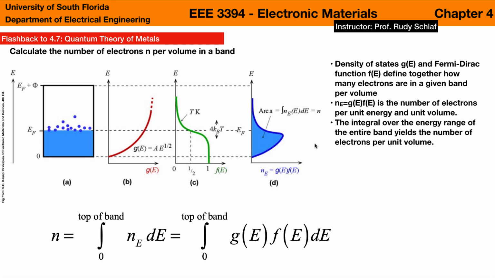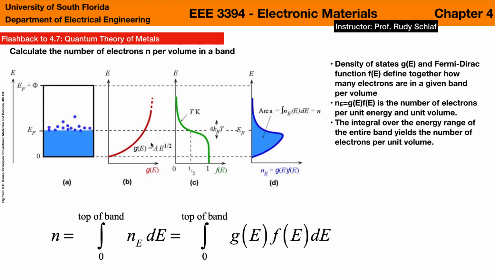I know that at this point you're probably itching to know how to calculate the electron and hole densities. So let's take a flashback to chapter 4, where we did this already for the conduction bands of metals. That's what you see here. We started out by calculating the density of states of the conduction band, and we found that the density G of E is proportional to the square root over the energy.